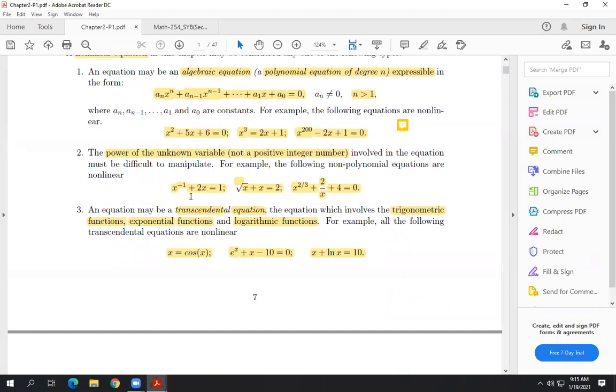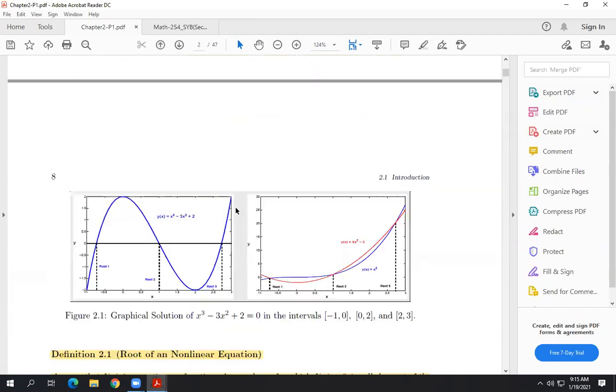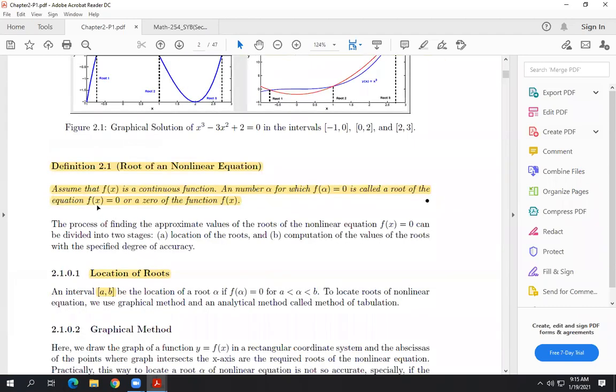What is your f of x here? x minus 1 plus 2x minus 1. What is your f of x here? Root x plus x minus 2, because this becomes 0 here. And what is your f of x here? It is already 0, so no need. This is your f of x.